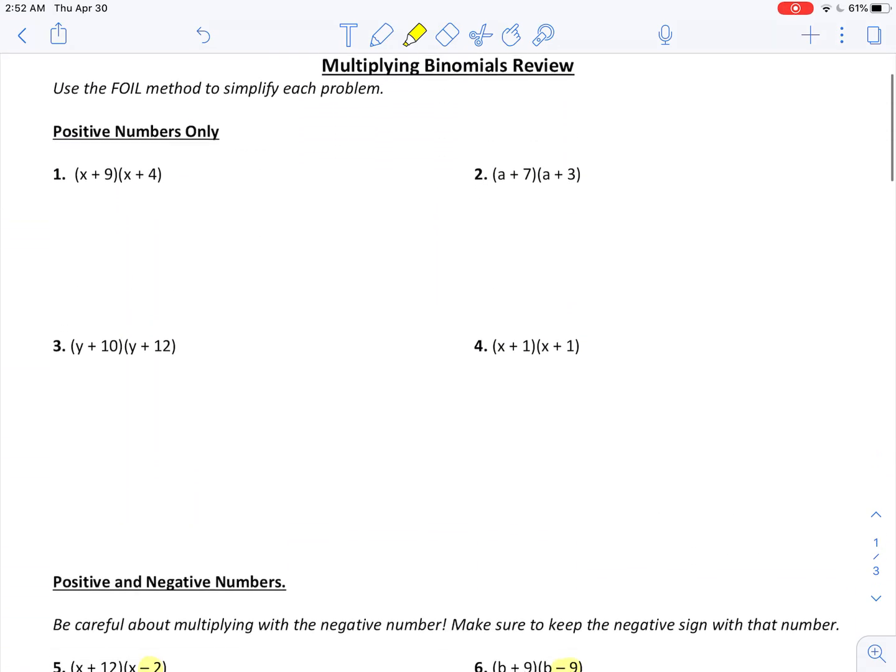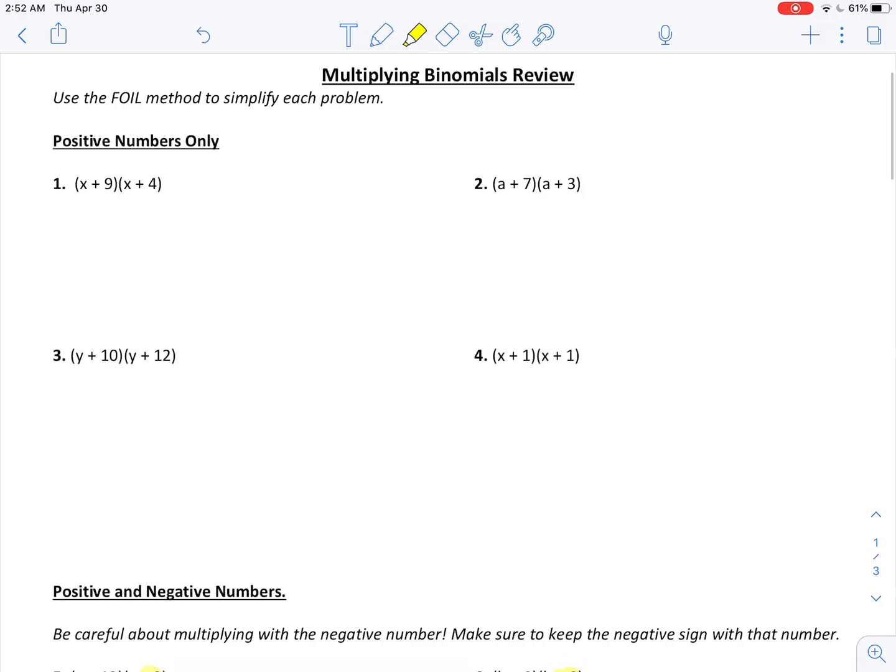So we're going to start with just positive numbers only. This is what we did on Monday. So here we're going to use our FOIL method, where we have our first product, our outer, our inner, and our last. So multiply the first things together. X times x is x squared.